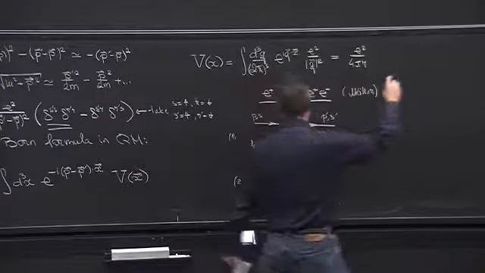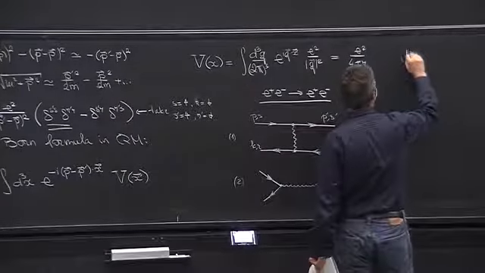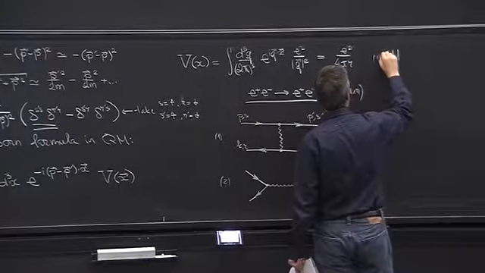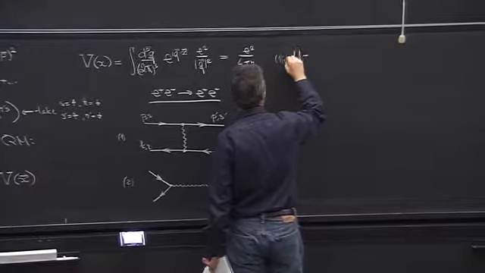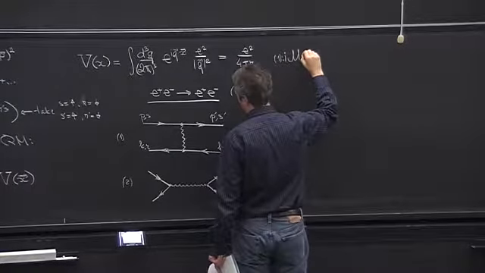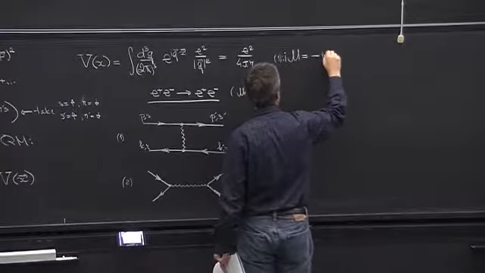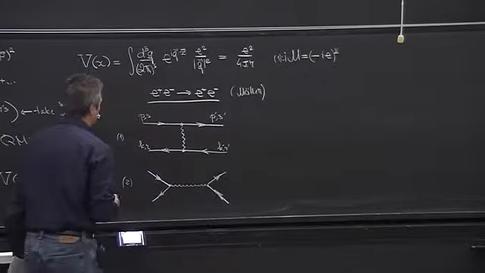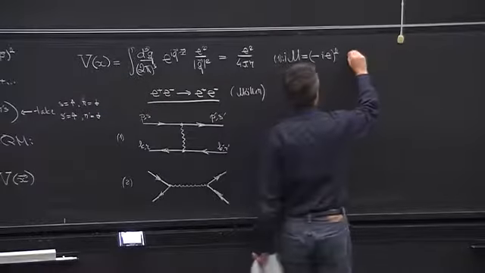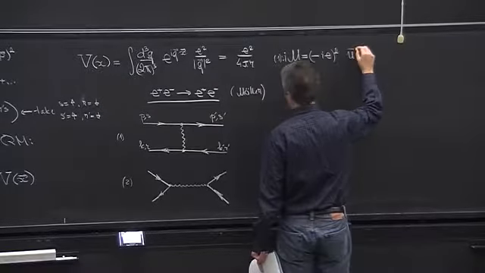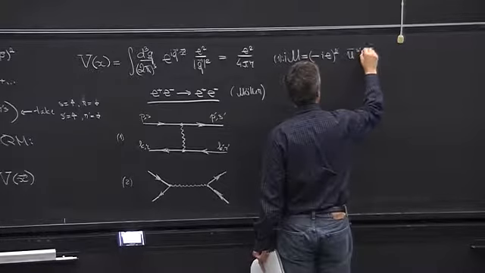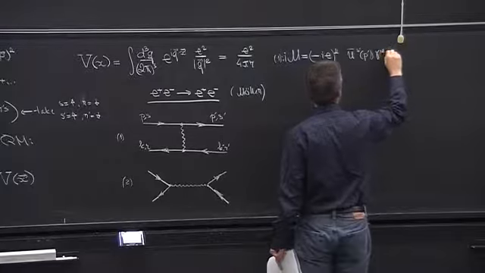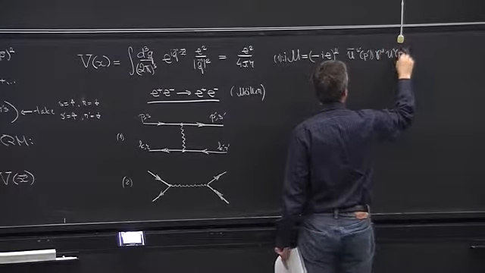So in this diagram, what do we have? We should write an overall minus i e squared. And then we will have the matrix element u bar s prime of p prime gamma mu u s of p.